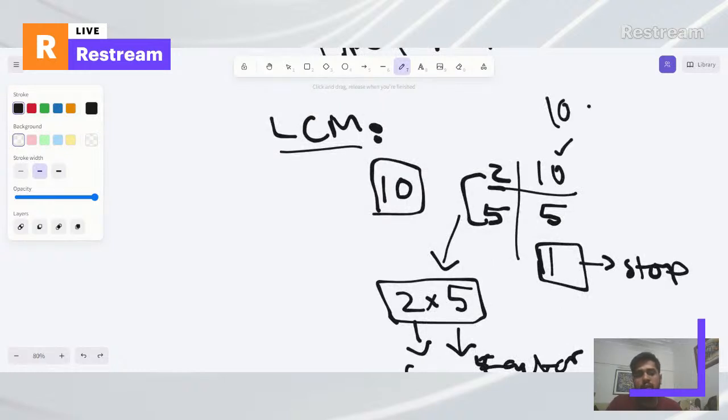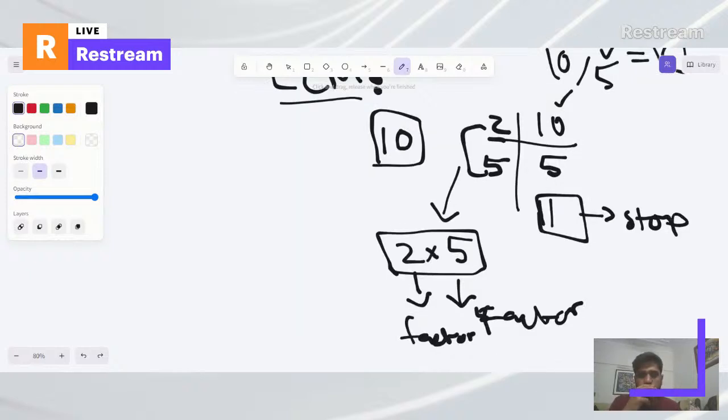If we divide 10 by 5, we do get a whole value, so hence 5 is a factor. Any number which can be divided by another number, and we get an integer in response, is a factor. I hope this is clear.